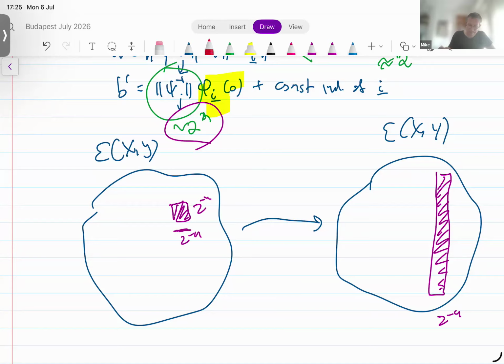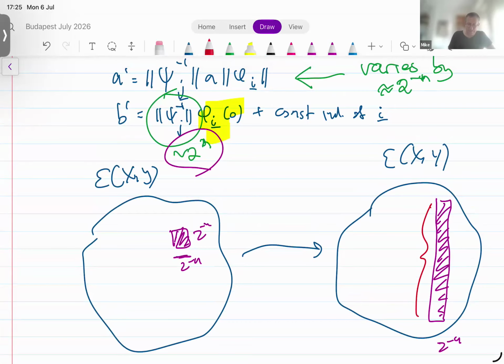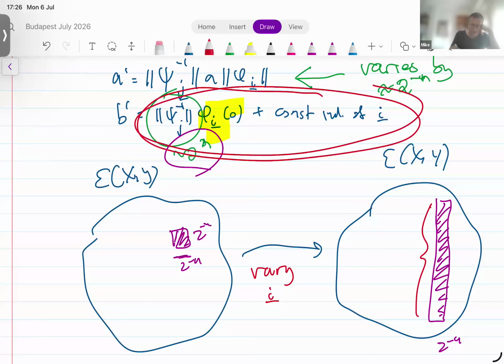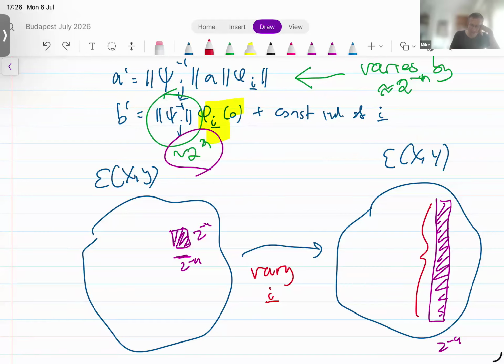And more than that, what am I going to see here? Well, as I vary the vector I, if I look at the translation part that I'm getting in the vertical direction, what I'm getting is a linear image.